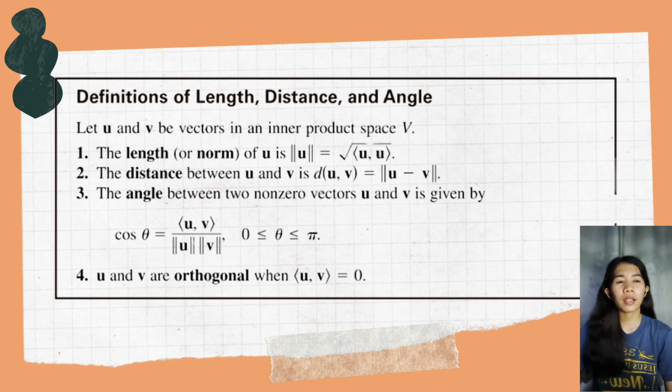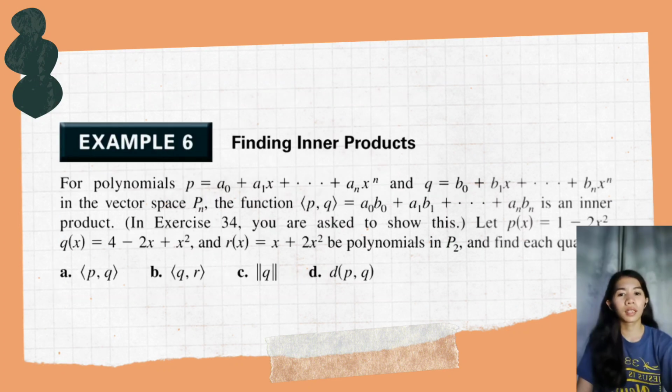And the third one is the angle between two non-zero vectors u and v, given by cosine theta equal to the inner product of u and v divided by the magnitude of u times the magnitude of v. And in number 4, the two vectors u and v are said to be orthogonal when their inner product is equal to 0.